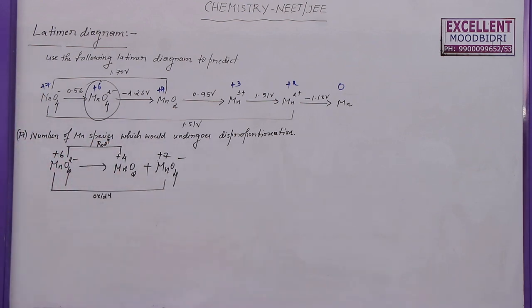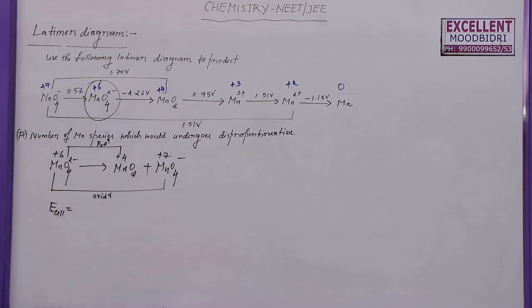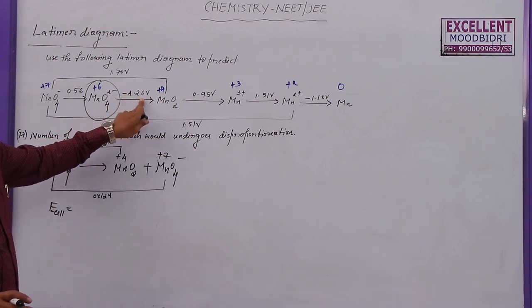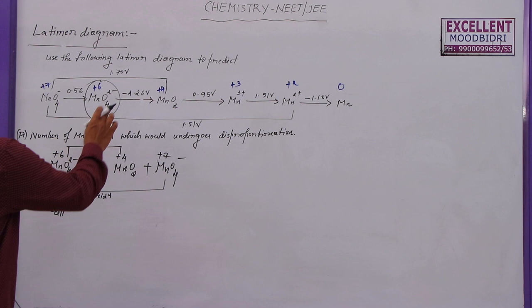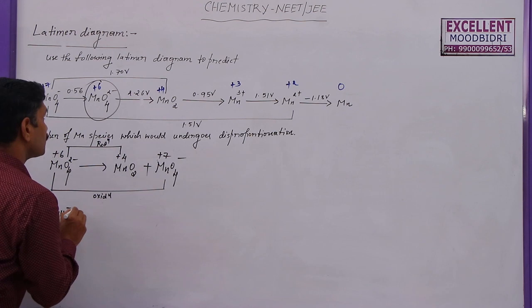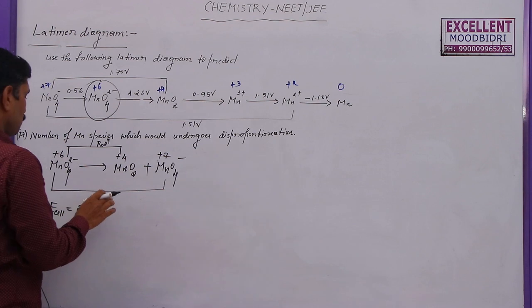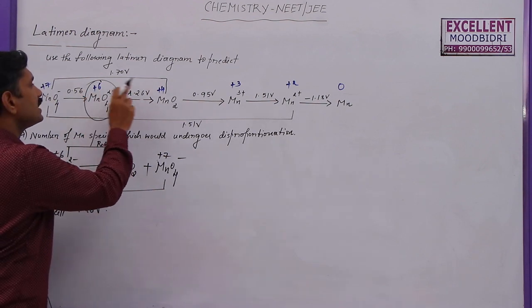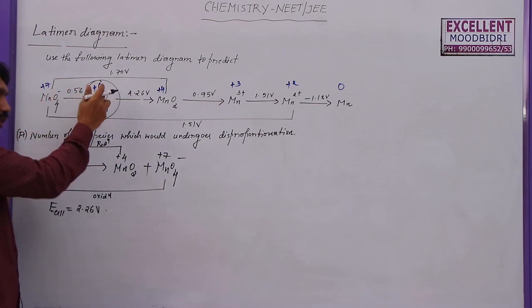Now we find the E shell. E shell is the combination of the oxidation and reduction reactions, a combination of these two reactions. So here they have given 2.26, and here minus 0.56. This one is +6 to +4 in the forward direction, this is the backward direction, so that's why it is taken with a negative sign.